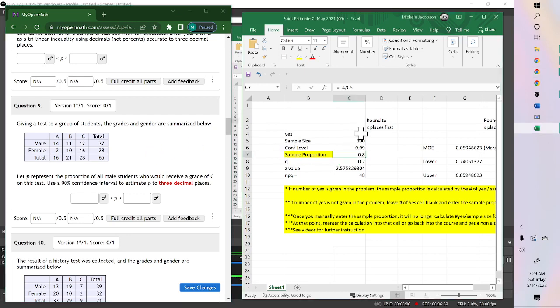So the number that would receive a C. And notice it says all male students, so we're only using that row of male students. So it's 12 out of 37. And we want a 90% confidence interval.